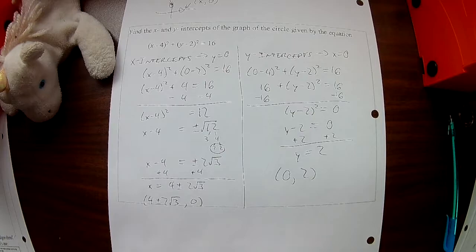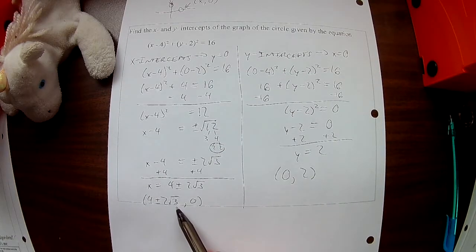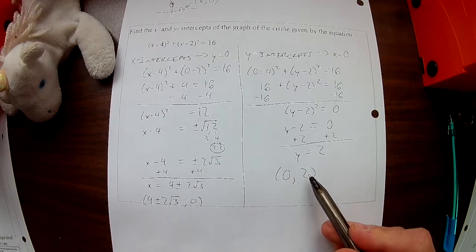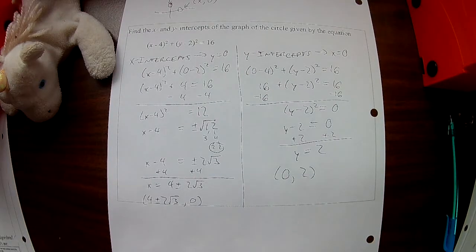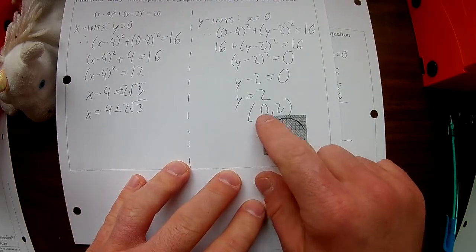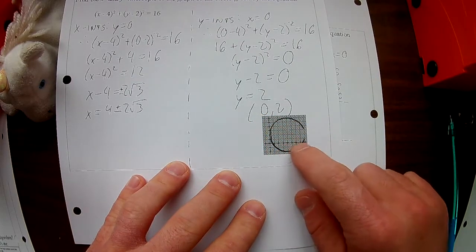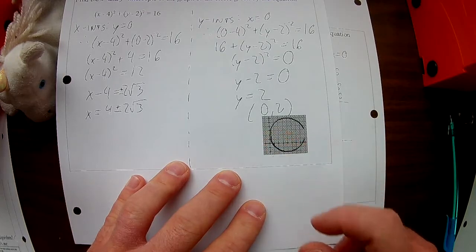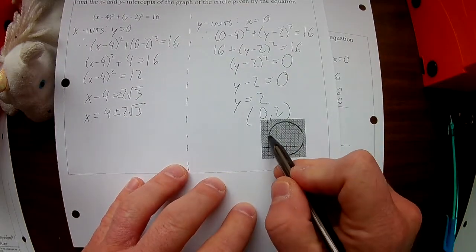Now, it is possible to have 2 intercepts. It's possible to have 1 intercept. It's even possible to have no intercepts, depending on where the circle is. On this next page, you can see this circle drawn right here. The fact that we have 1 y-intercept just means that the y-axis is what we call tangent to the circle.